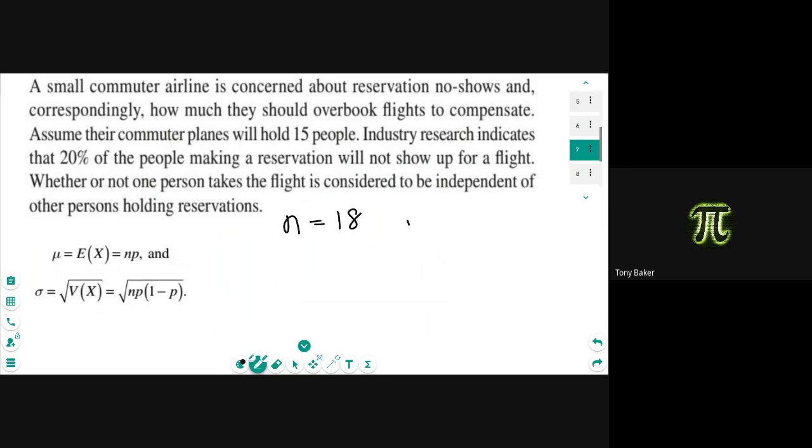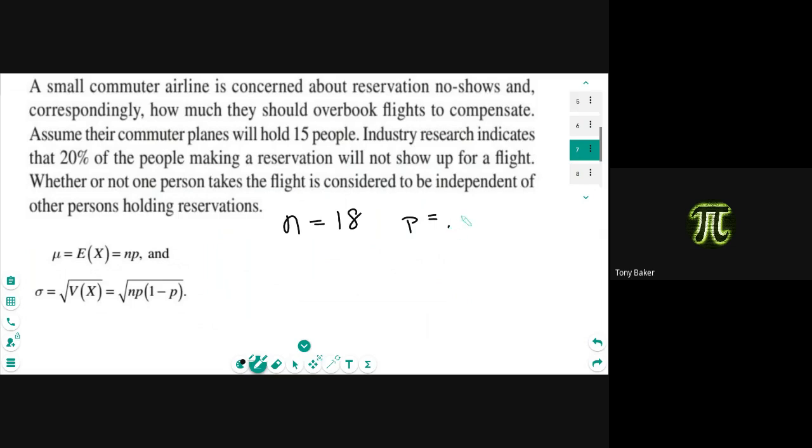And what's my P? Point 20? Do we want them to not show up or to show up? We're going to look at the people who showed up, right? So we want show up, so it's going to be 80.